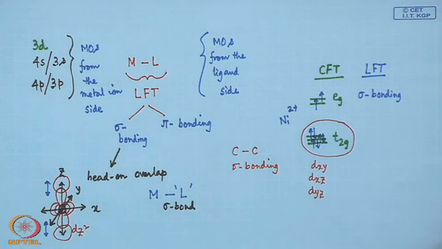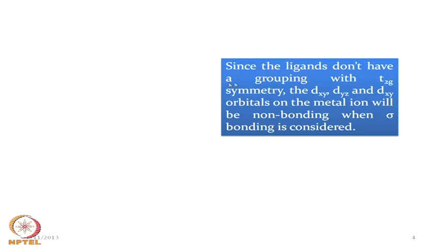So, what we see is that since these ligands do not have a grouping with T2g symmetry, from the ligand side we are not getting any such T2g symmetric orbital.